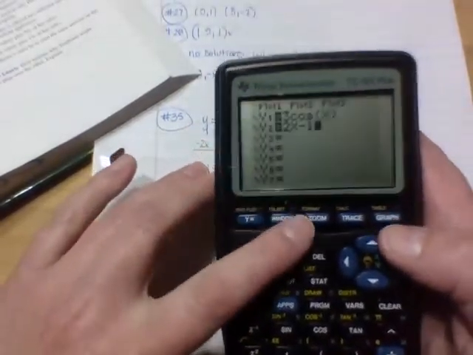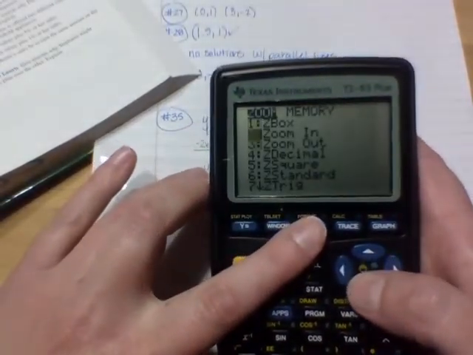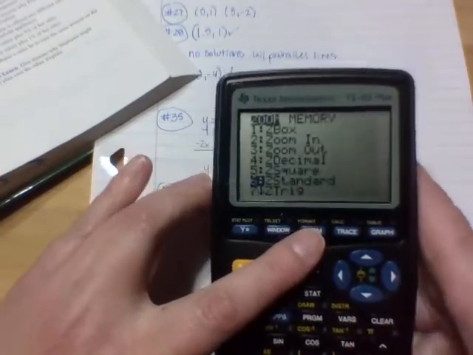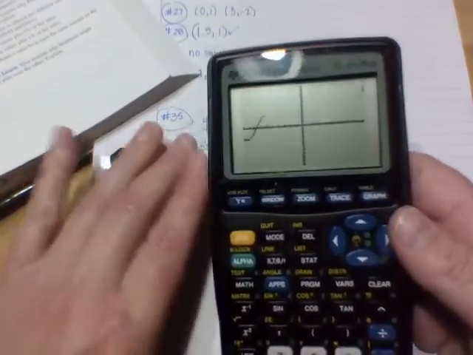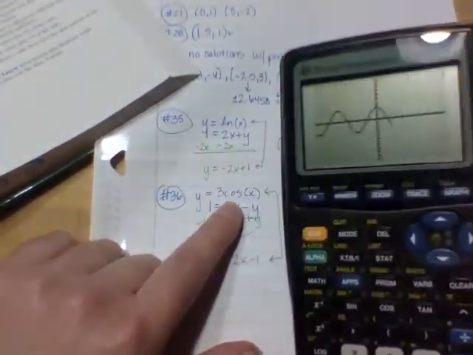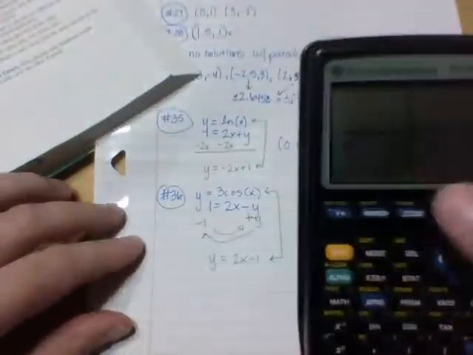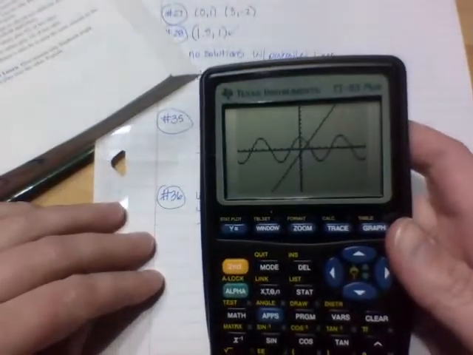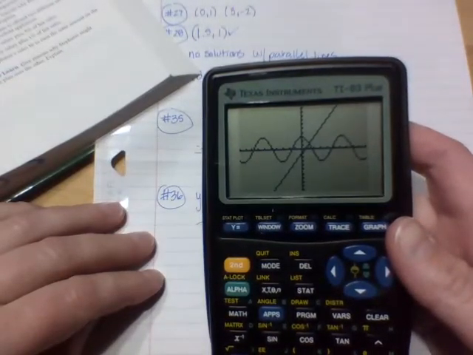All right. So we also have a weird window, so you can go to zoom and then standard, and you'll get your 3 cosine because it's stretched up 3, and then apparently the 1 intersection value.